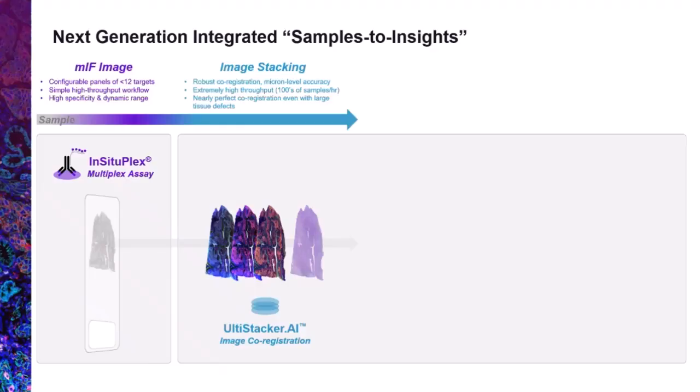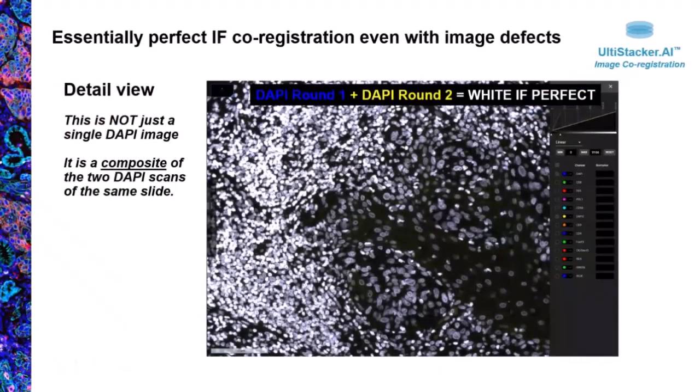And the next one is our co-registration software, Ultistacker.ai, that can co-register the different IF scans, plus, for instance, an H&E or other modalities. To show some details, here is an example image where we have an 8-plex plus an H&E, where the channels are shown on the right. And I only visualize the two MIF DAPI rounds, one in blue and one in yellow.